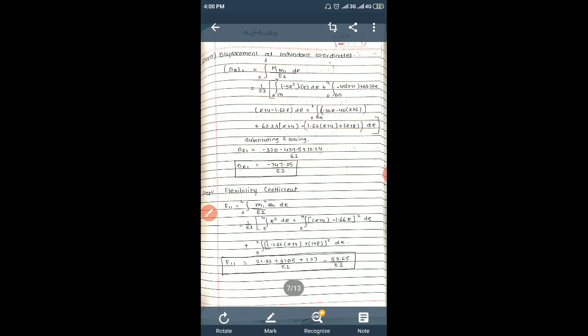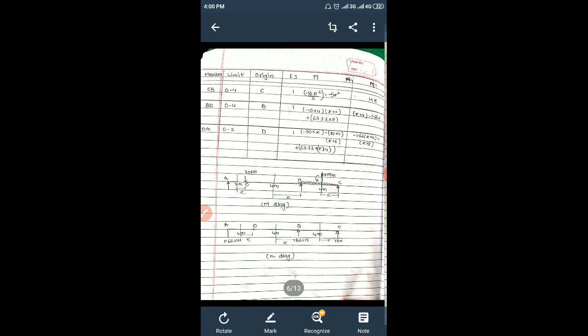Now how to calculate the flexibility coefficient matrix or the F11 value. It is calculated as the integral of m1 into m1, that is m1 square dx upon EI. Now what is m1 into m1?